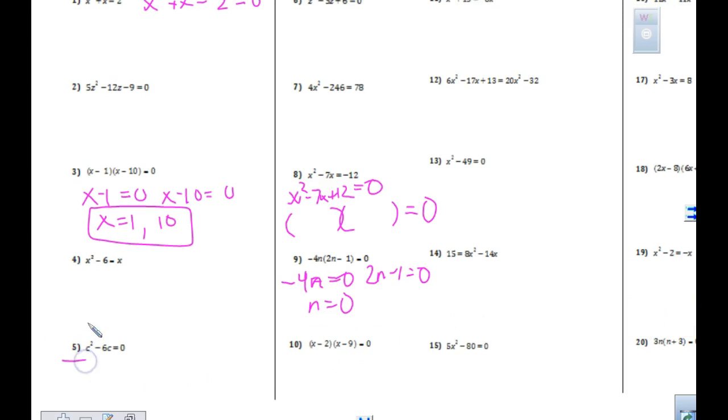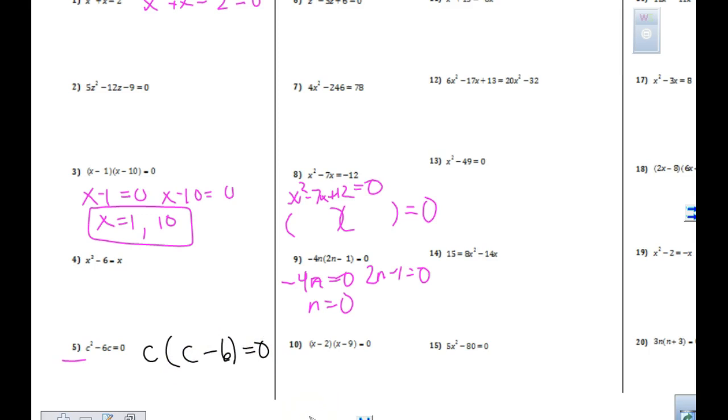As you look at that first page, question 5. I always have questions on this one. A lot of you got it wrong on the last quiz. What is my greatest common factor as I take a look at that question? Yeah, C. So I'm going to factor C times, I'm left with C minus 6 equals 0. It's kind of like when we're doing those, how long does it take to hit the ground?